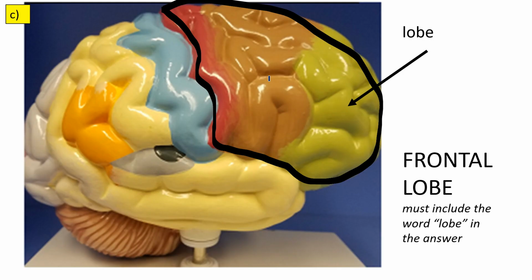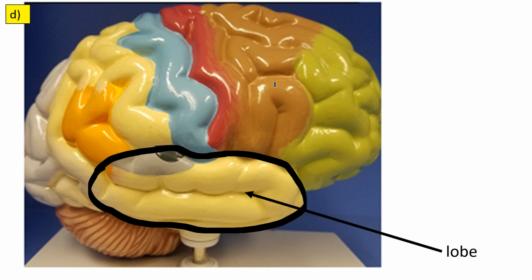This lobe right here, again, it's forward from the central sulcus. This is the frontal lobe. Now, when you're answering these lobe questions on the test, the question's going to say, name the lobe. Your answer needs to be frontal lobe, parietal lobe. You have to include lobe in your answer. This lobe right here, notice the horizontal flow here to this side of the brain.